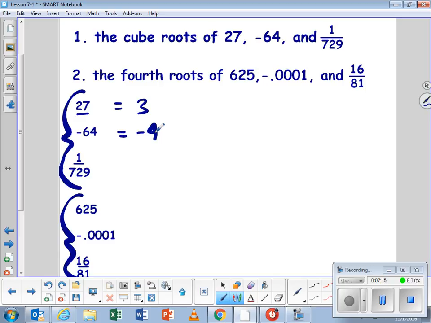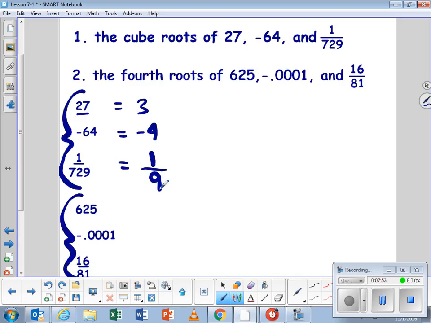And the cube root of 1 over 729. Well, what goes on top? What's the cube root of 1? 1. And the cube root of 729? 9 times 9 is 81. 81 times 9 is 729.